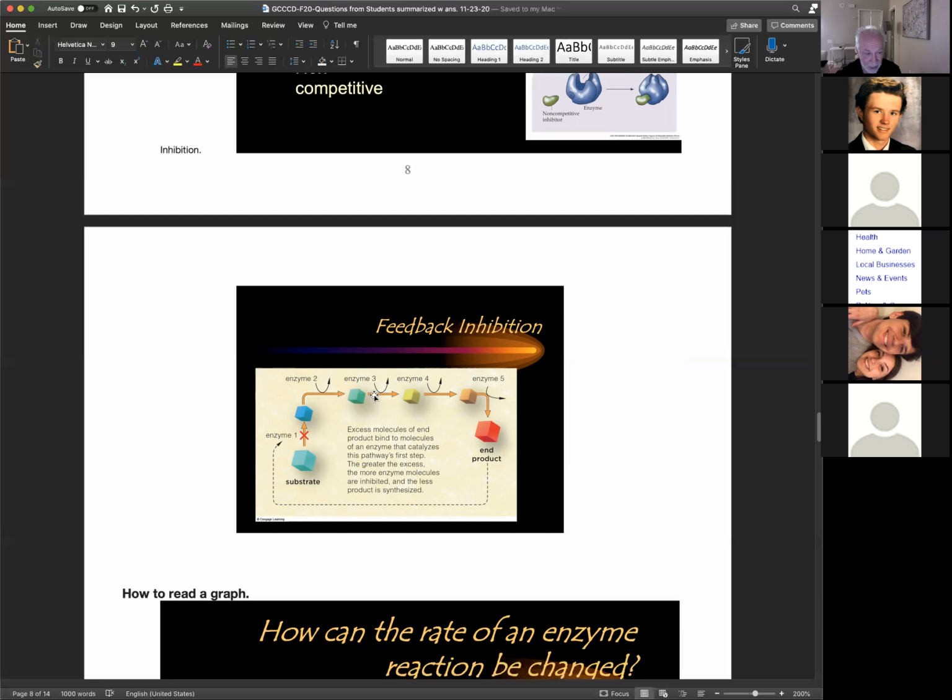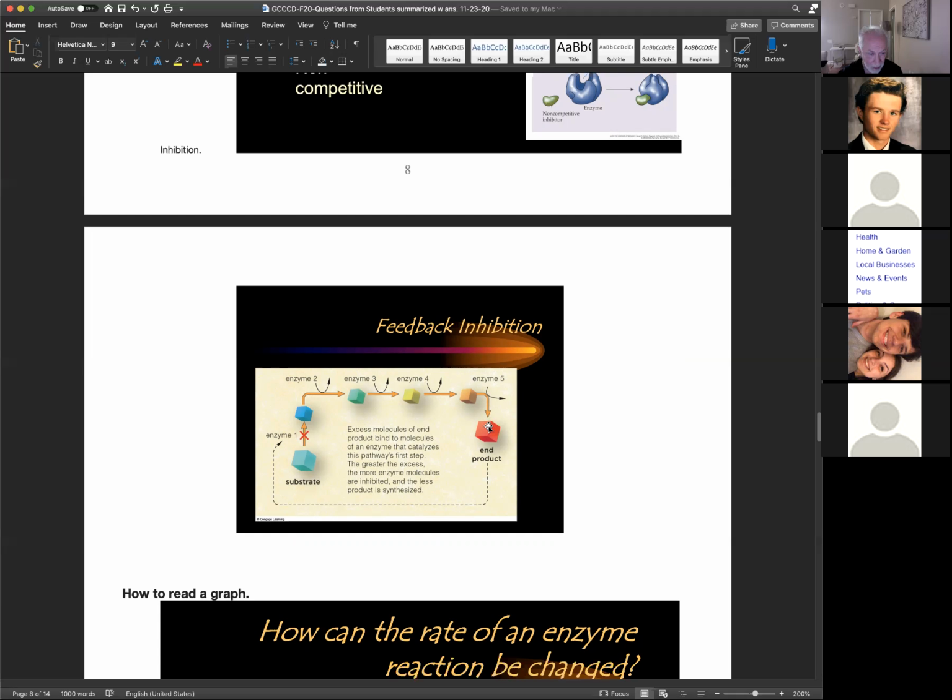Each enzyme in the pathway converts the box to something else. And finally, you end up over on the right with a red box, which is the end product. This end product is used by the cell somewhere else, and the demand for it depends on the needs of the cell. So if there's very little demand, the concentration of this red box, this end product, will increase.